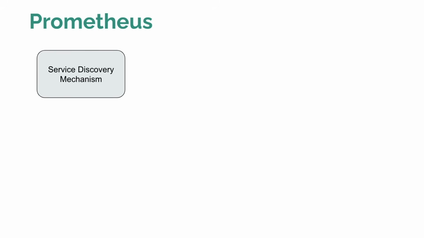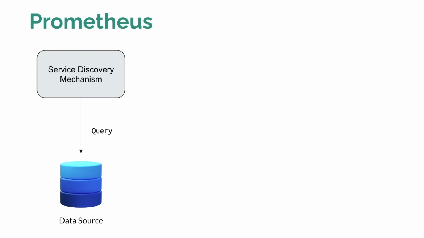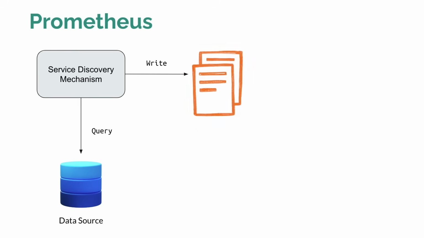Second, we have some data source, where we keep all our targets and the services which are running in the environment. This service discovery mechanism will query this data source, and further it will write the data to a YAML or JSON file.